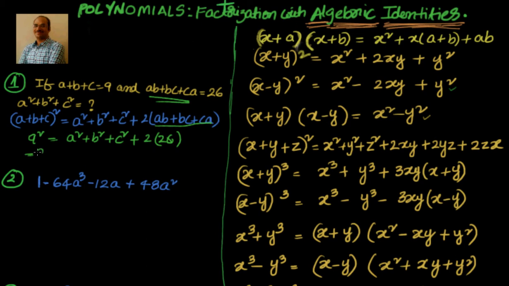This is nothing but 81 is equal to a square plus b square plus c square plus 52. 2 times 26 is 52. So if you simplify this, if you take 52 that side, 81 minus 52 is 29. So the answer is a square plus b square plus c square is equal to 29.